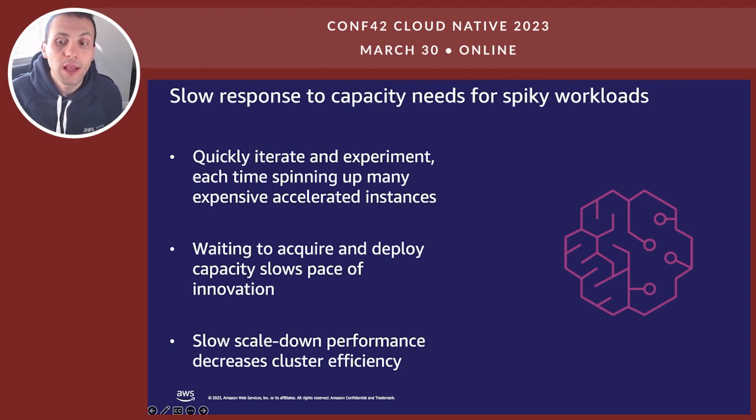These jobs typically spin up several nodes of expensive accelerated EC2 instances, for example, GPU, very expensive GPUs. So you want those to be very quickly spun up, but also very quickly spun down. And a slow scale down means wasted resources, which you don't want to be in the business of.